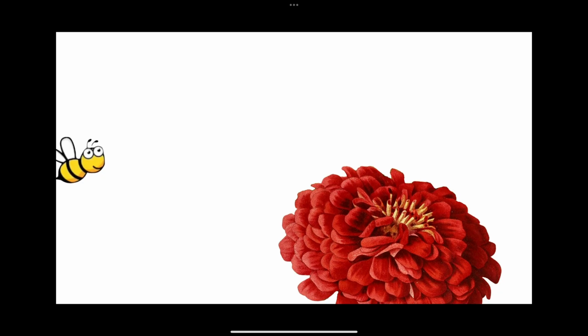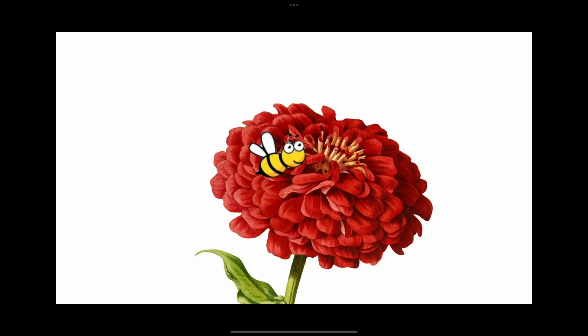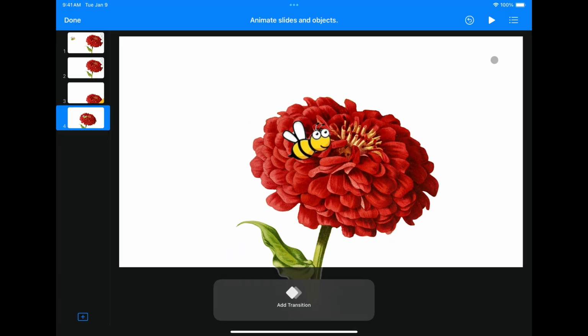And then I have my magic move transition from slide 3 to slide 4, where both objects move together, and so on. So those are 3 different ways that you can move objects and animate them in Keynote.